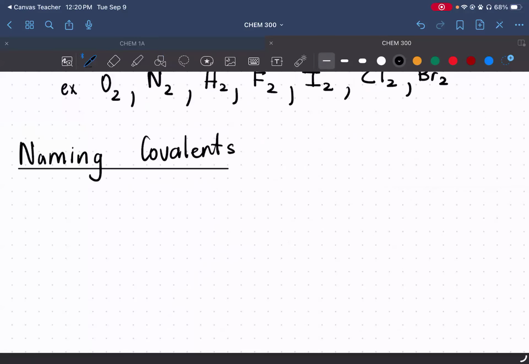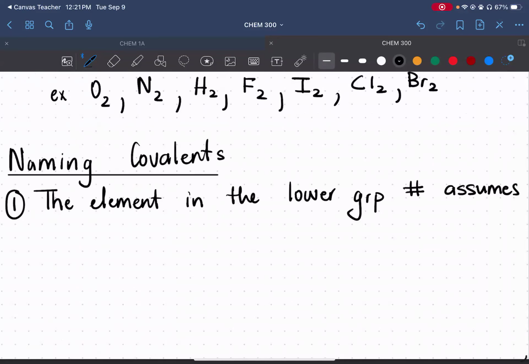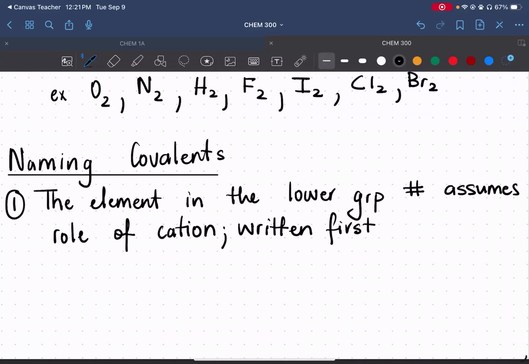Well, it might surprise you to know it's pretty much the exact same set of rules. Number one, the element in the lower group number assumes the role of the cation, AKA, it is written first and with an unchanged name.